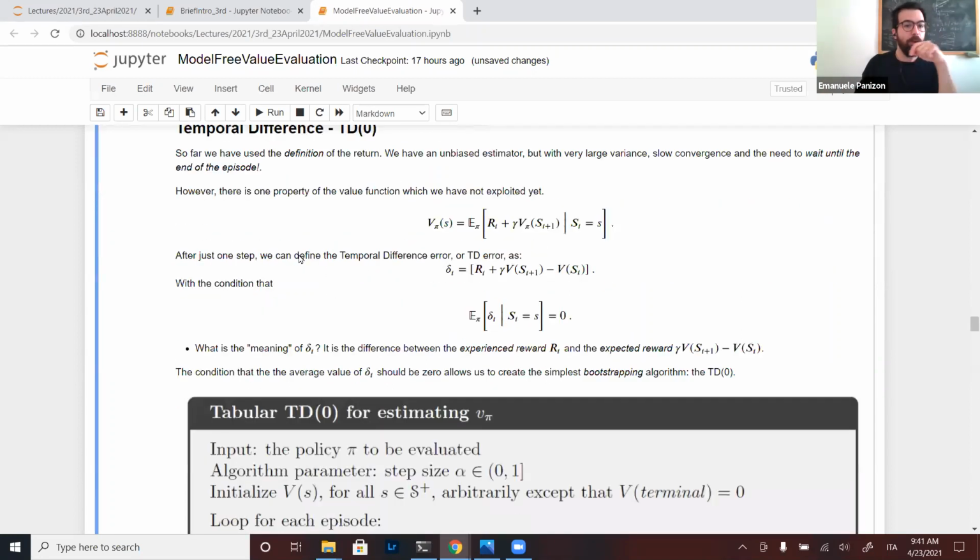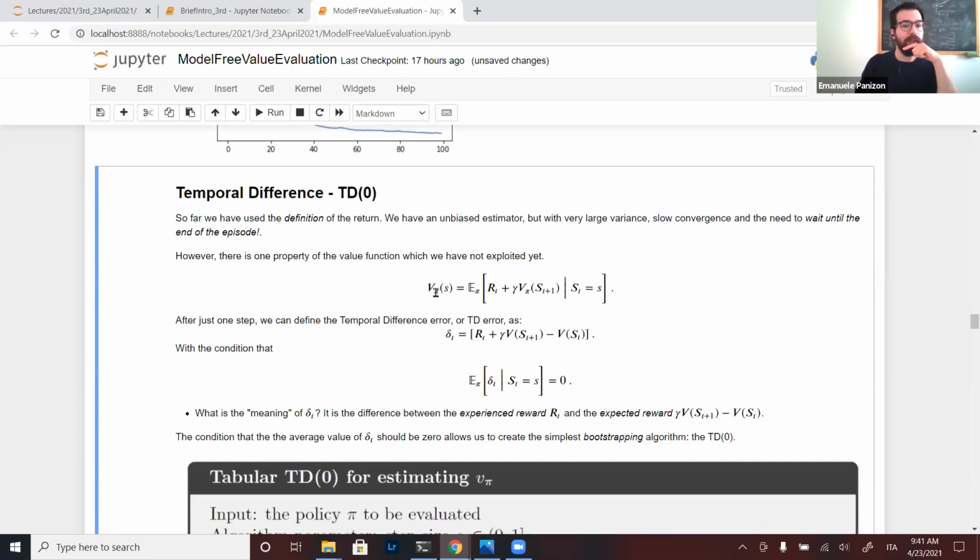So now we will use the property that the value can be given as the instantaneous return plus the discounted value of the next state. Okay, and as you've seen, you can define what is called the temporal difference error, or TD delta, which is the reward plus gamma, the value in the next state, minus the value in this state here.